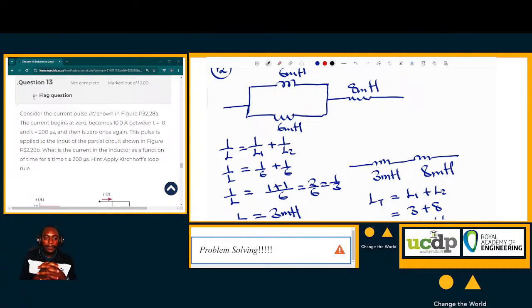What is the current in the inductor as a function of time for a time t greater than or equal to 200 microseconds? Hint, apply Kirchhoff's loop rule.